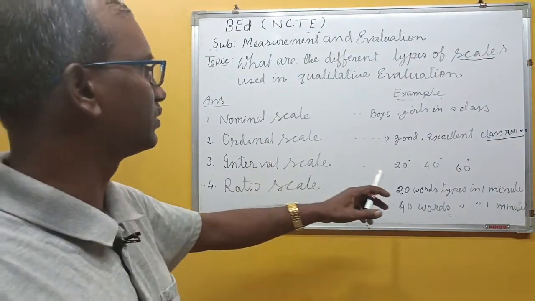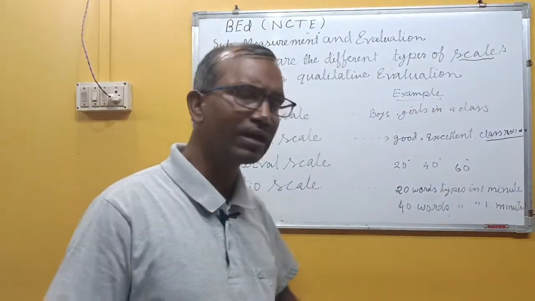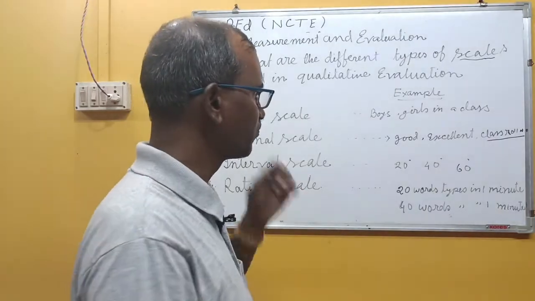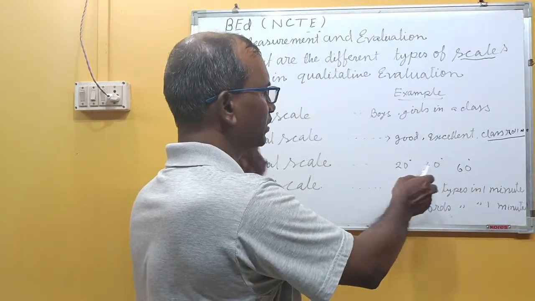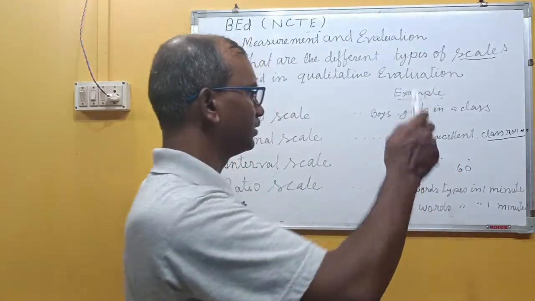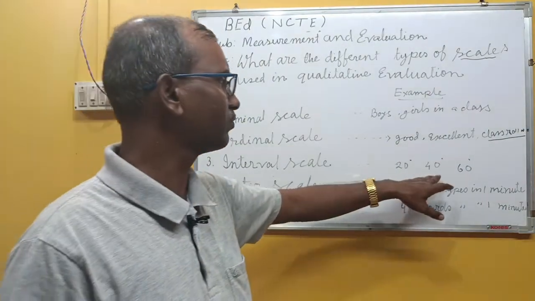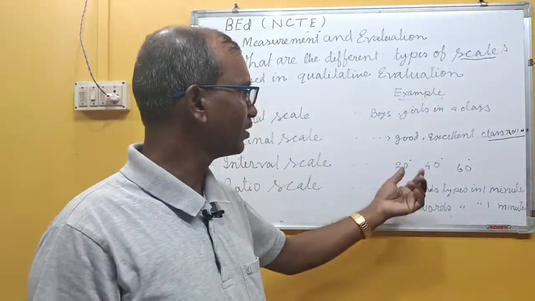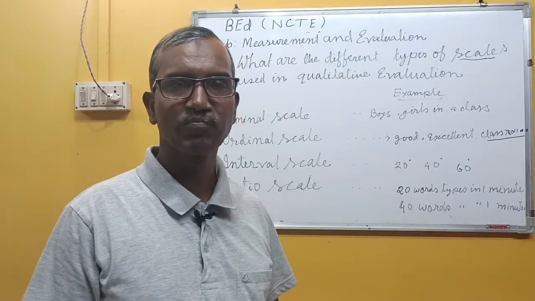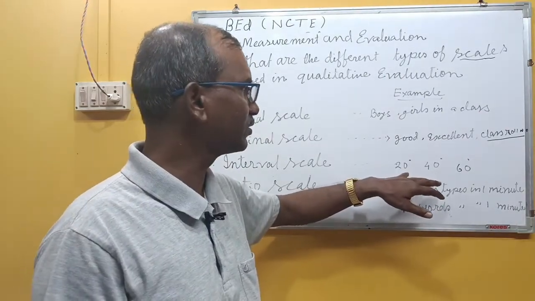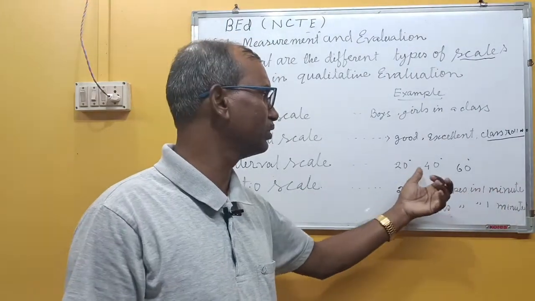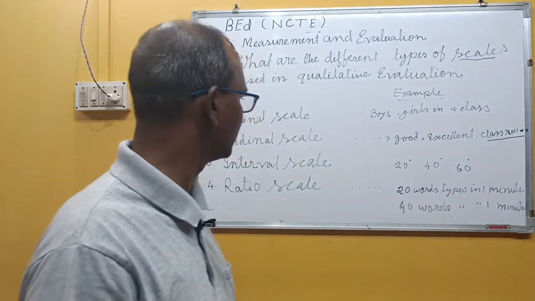In interval scale, we get nearly definite information. Like 20 degree, 40 degree, 60 degree in case of angle, in case of temperature, in case of some other measure, 20 degree, 40 degree, 60 degree.